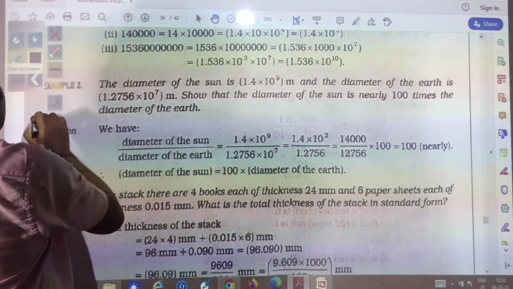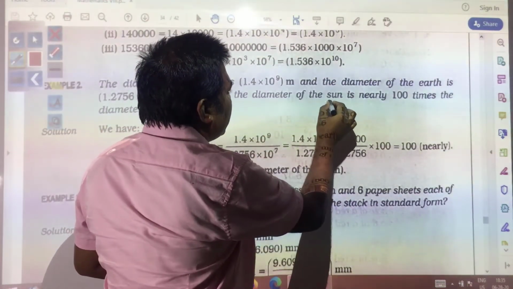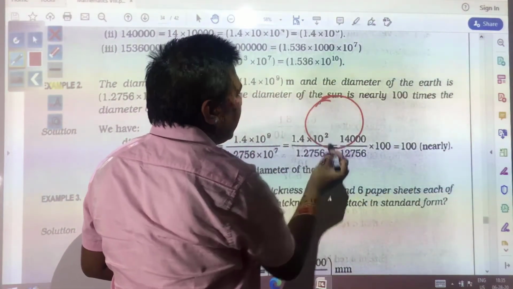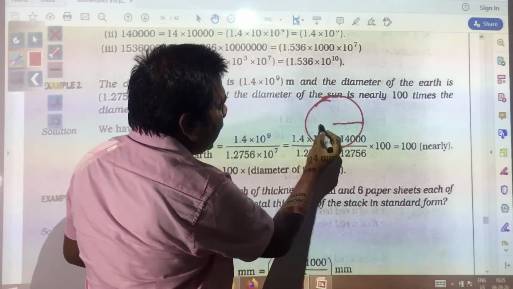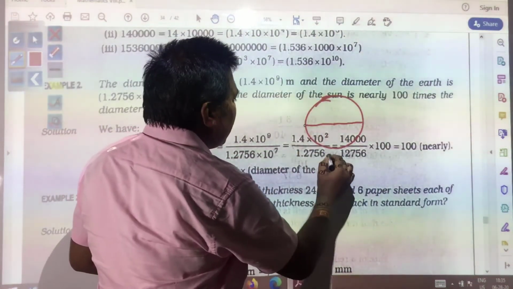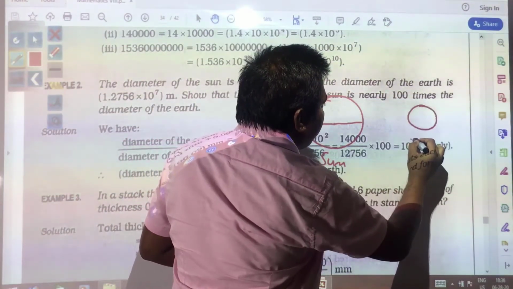Try to understand. Suppose this is your sun, diameter is what? Double of radius. Suppose this is your radius and double of that is the diameter. So suppose this is your sun and this is your earth.